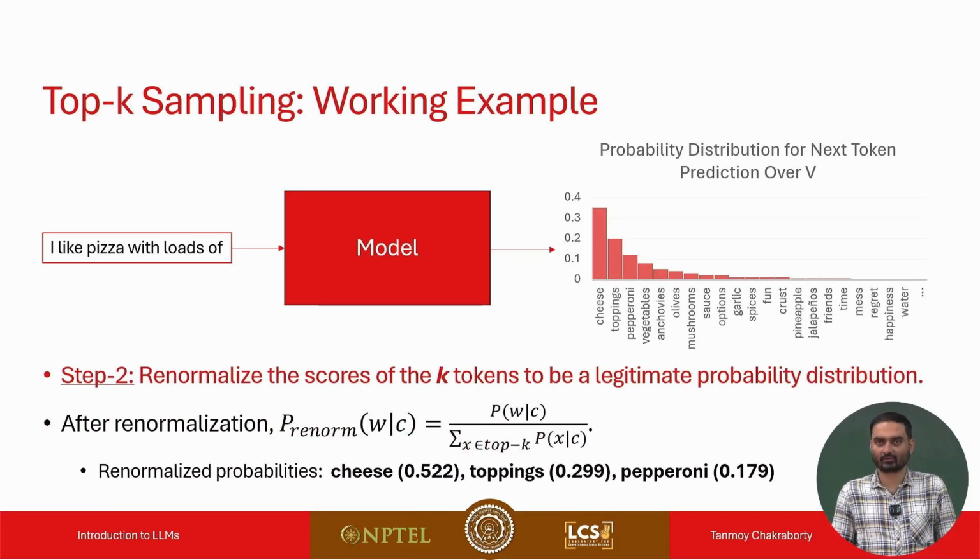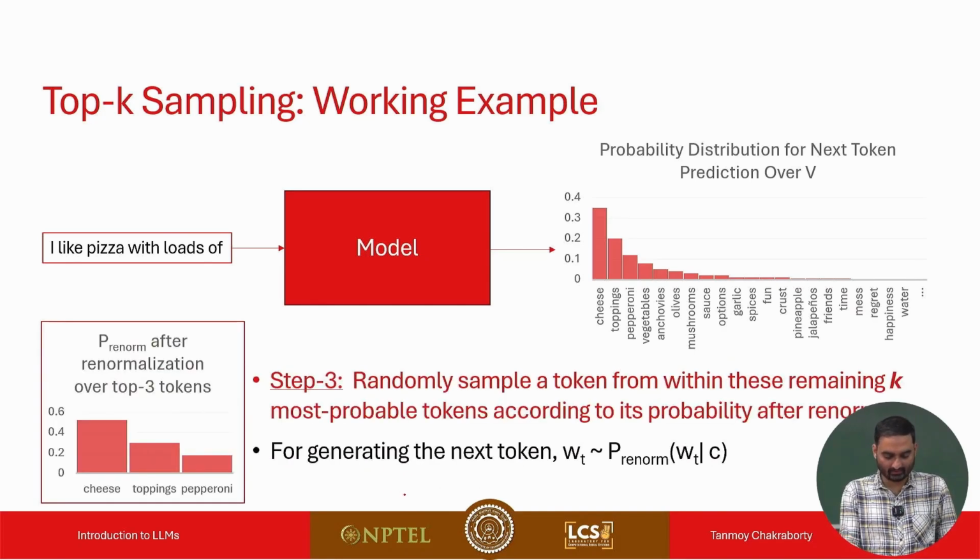Once you do this renormalization, this is your resultant probability distribution. Now you choose randomly from this distribution, not from the original one. So you are restricted to k number of tokens now, but you are doing random sampling. So this is top k.